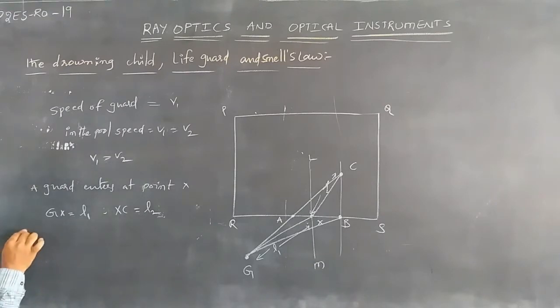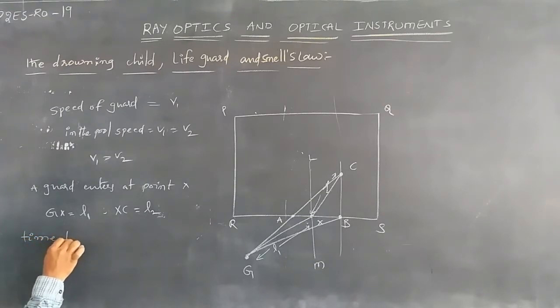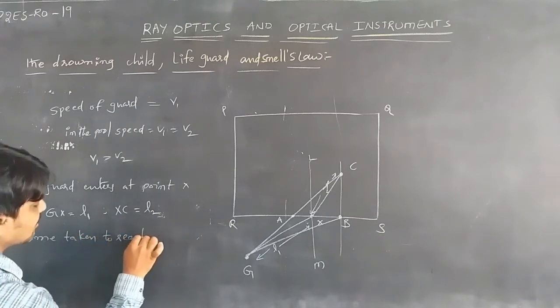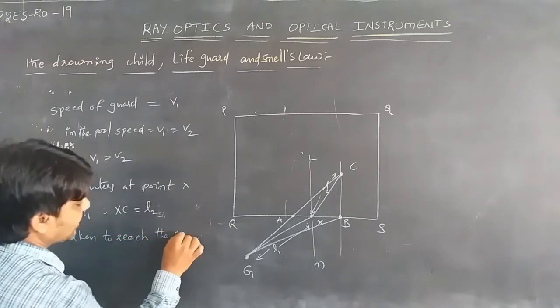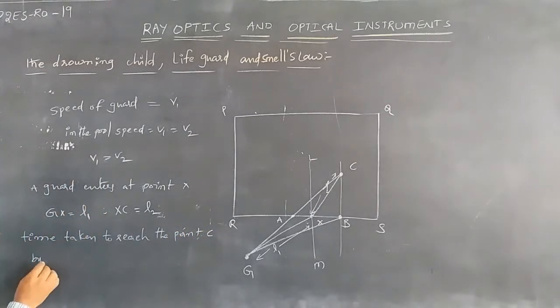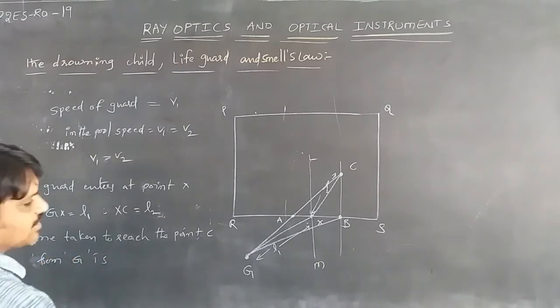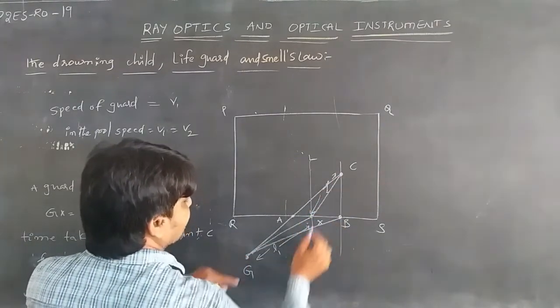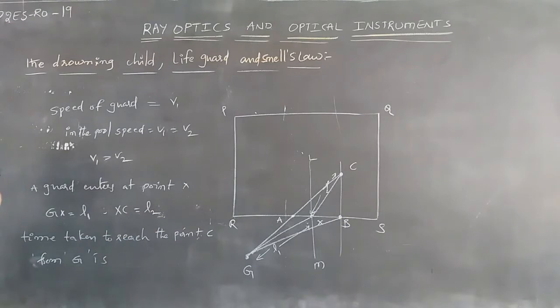Then the time taken to reach point C by the guard from G: we know that time is equal to distance divided by velocity.